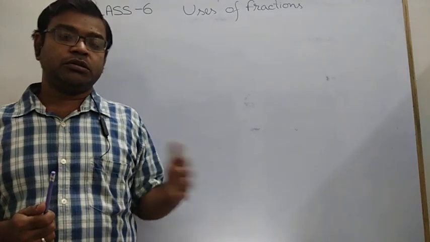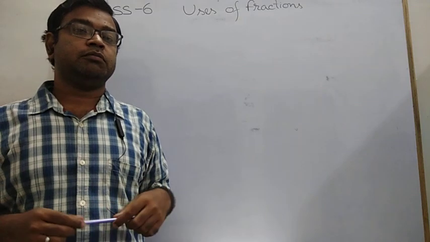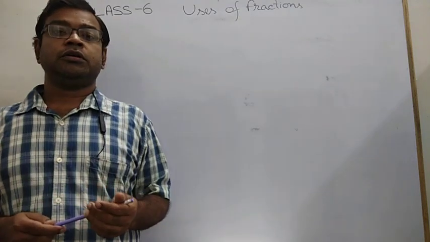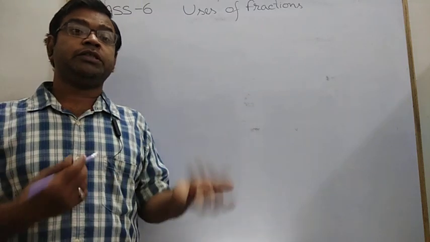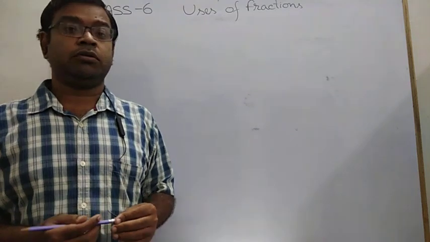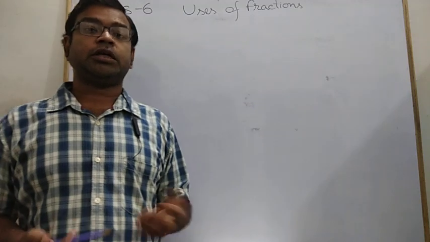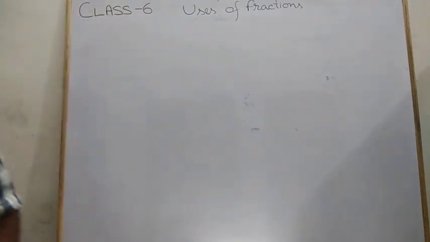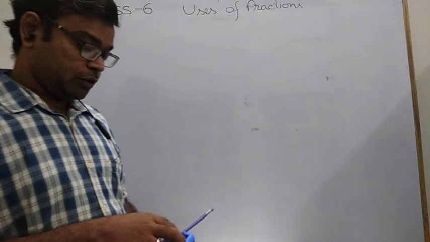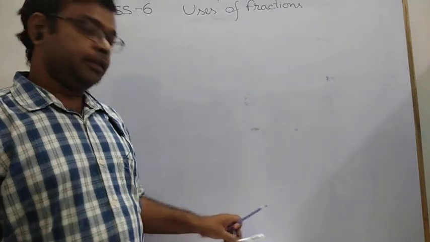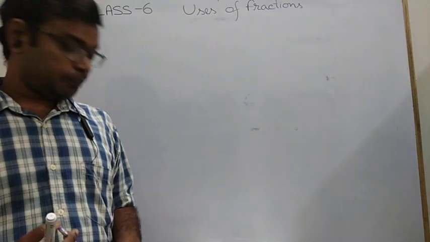This type of question may come from class 6 onward, so that we can check whether your concept is clear or not. So let's discuss how we solve such questions. I am taking the first question, which I am reading from the book.